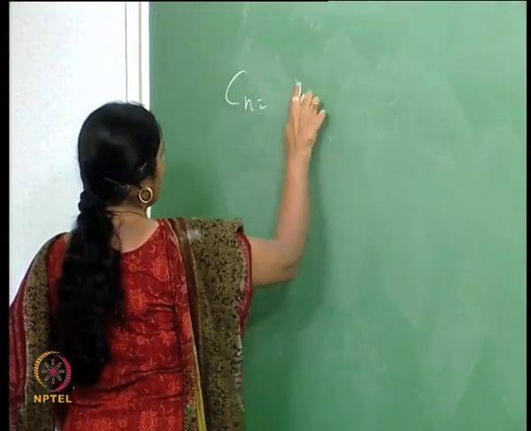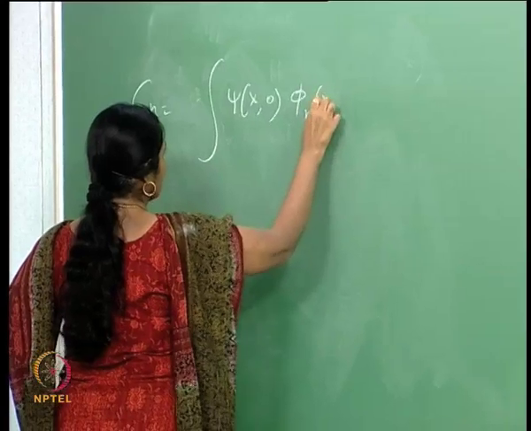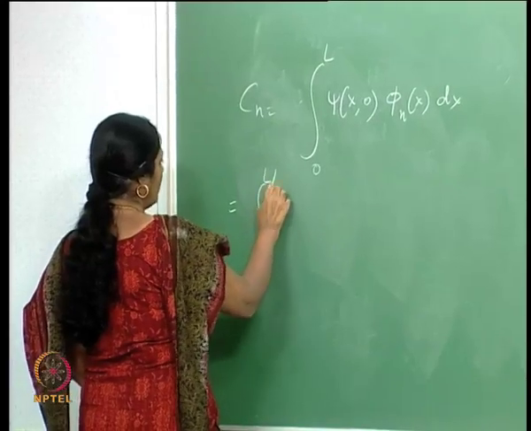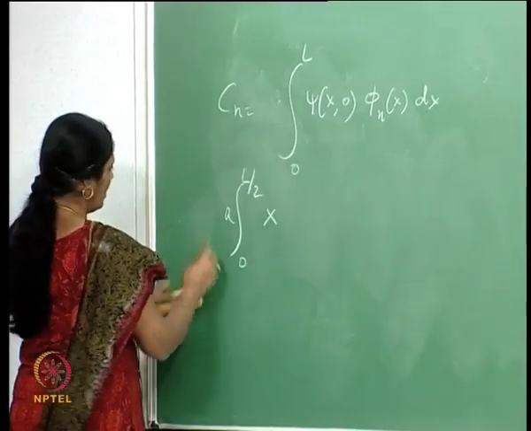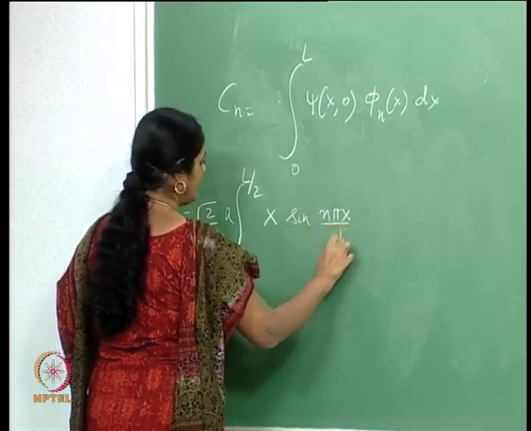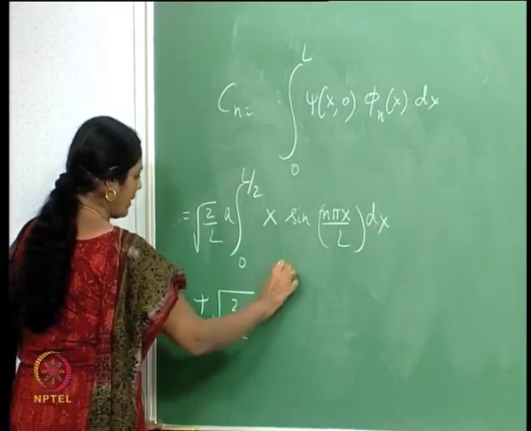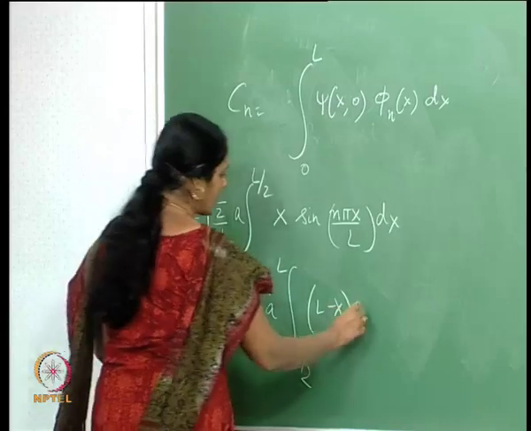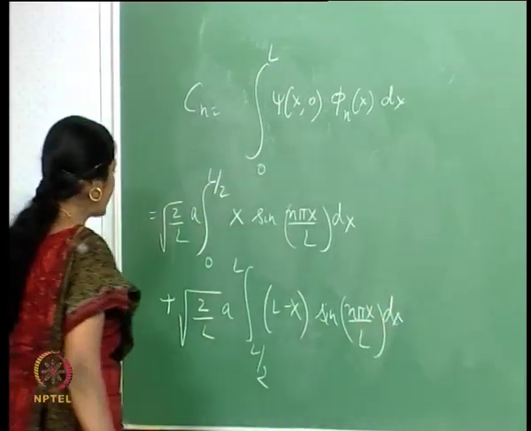So, Cn is integral psi of x comma 0 phi n of x dx from 0 to L. So, from 0 to L by 2 it is A x root of 2 by L sine n pi x by L dx plus root of 2 by L A integral L by 2 to L minus x sine n pi x by L dx.